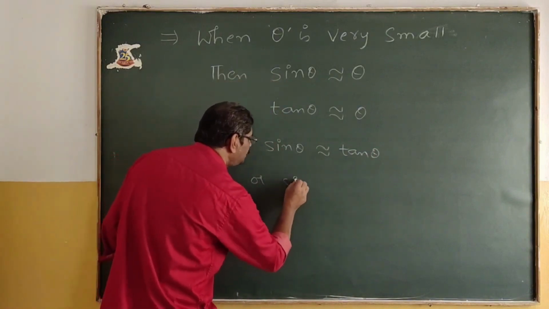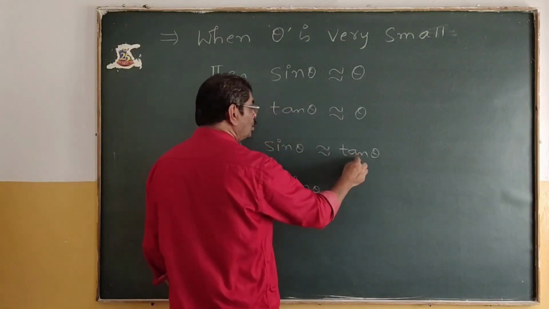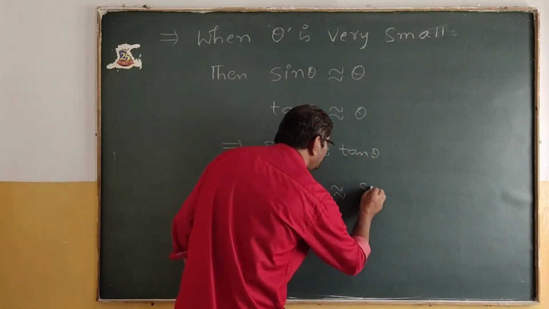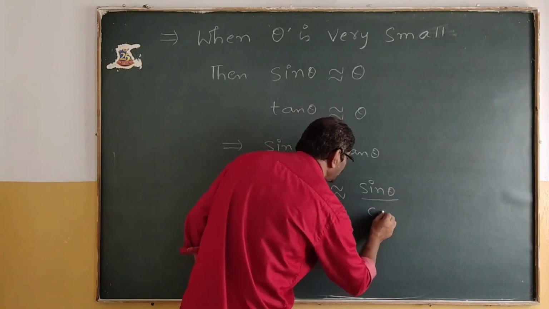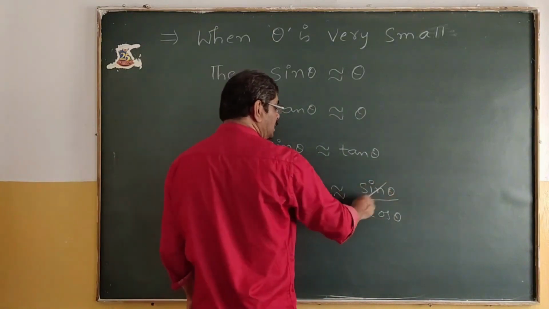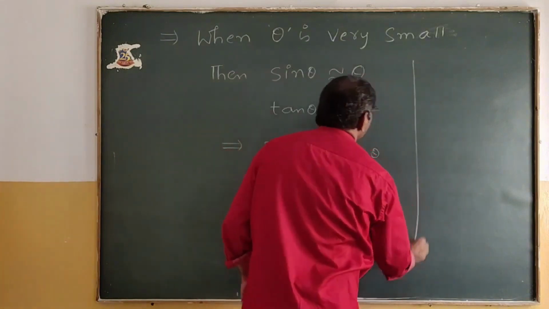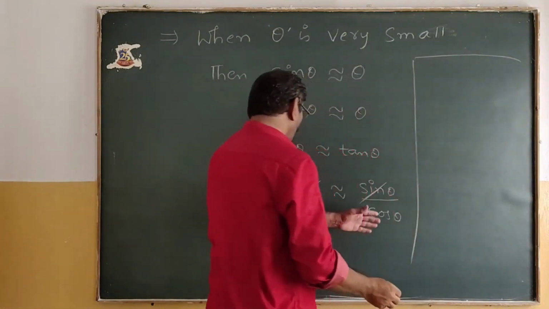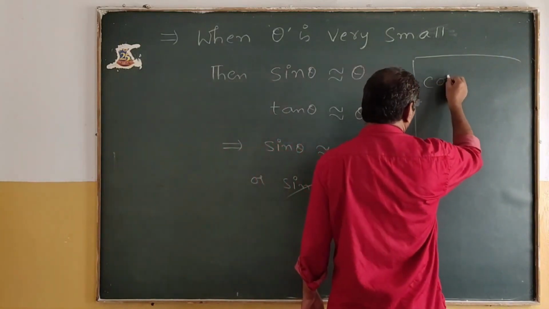This implies sine theta will be approximately equal to tan theta, or I can write sine theta will be approximately equal to tan theta, which can be written as sine theta divided by cos theta.